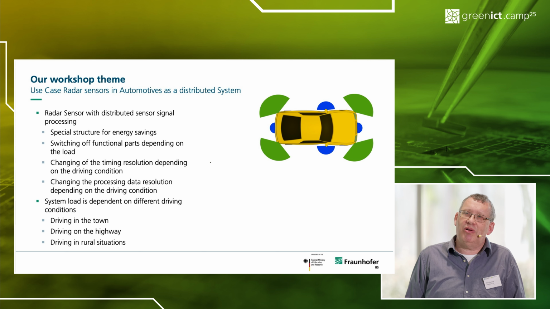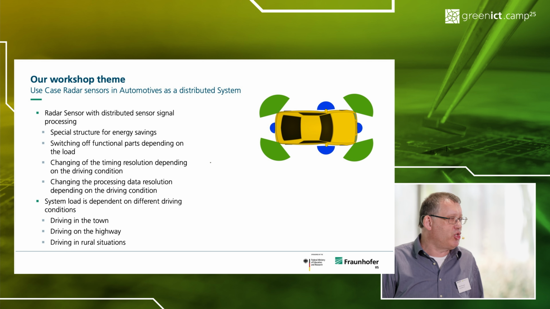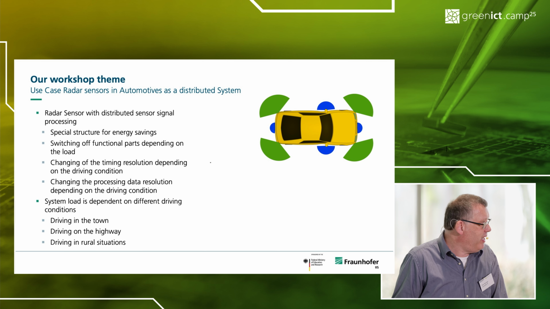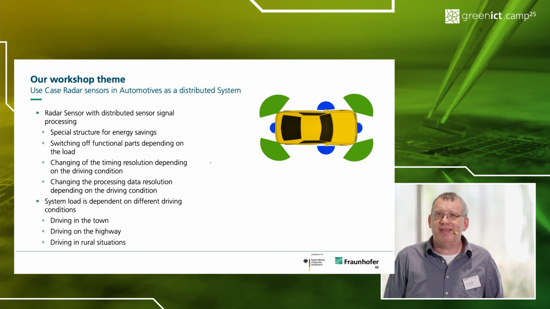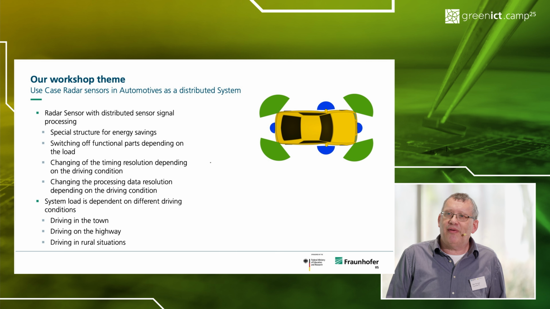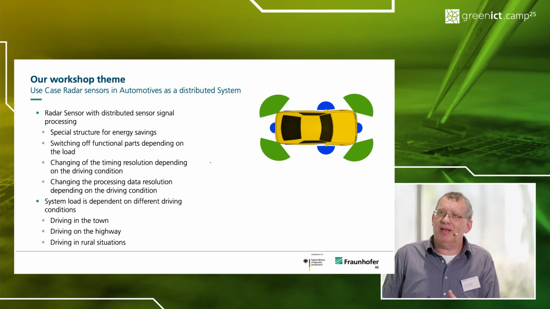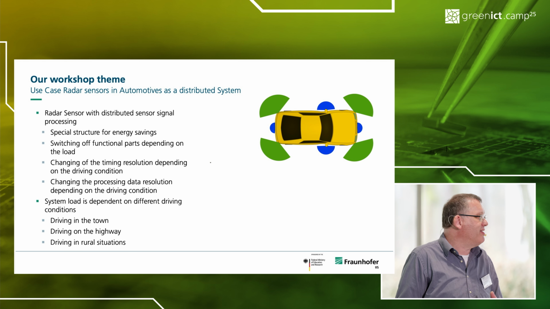And it's really possible because in different driving conditions, for example, if you drive in a town or on a highway, you have different speeds, and with different speeds you have the possibility to decrease the performance of the sensor systems.